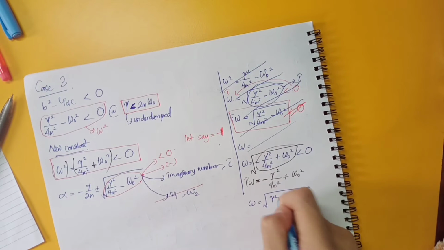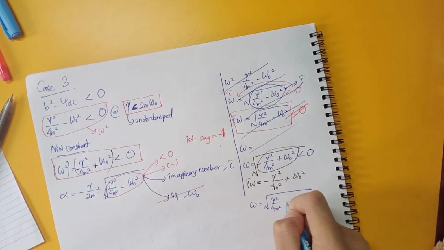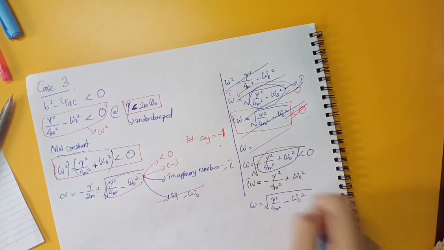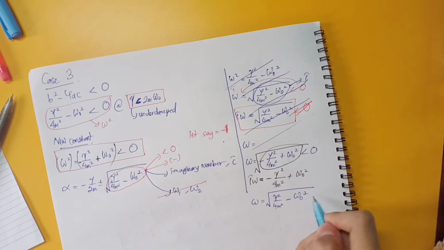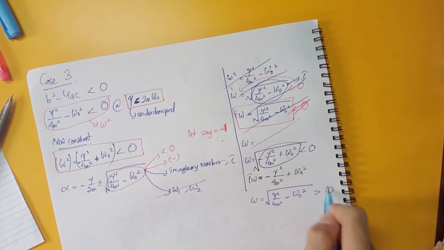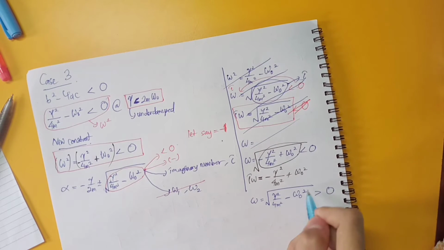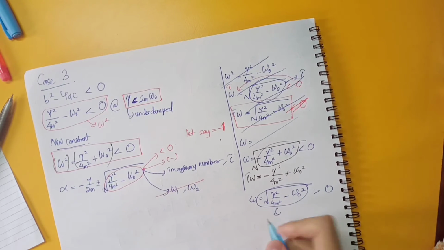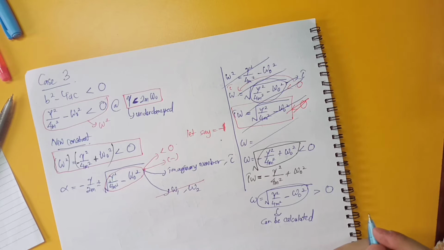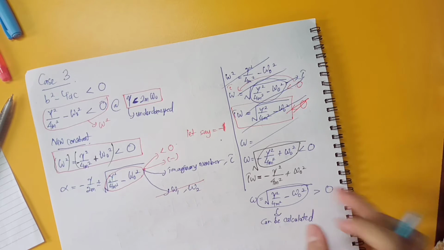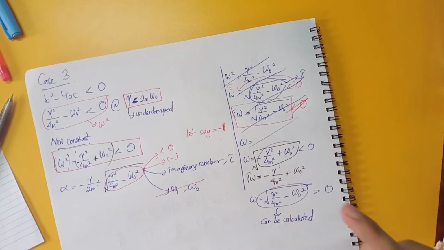So gamma square over 4m square minus omega naught square. Finally, we know this is actually more than 0, so this value can be calculated. It's like we want to do the opposite of the imaginary number.